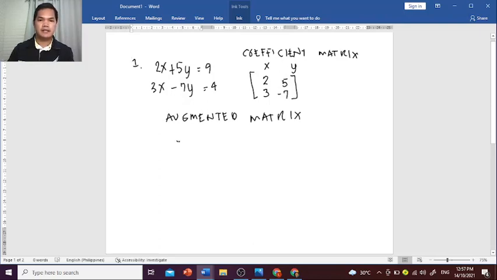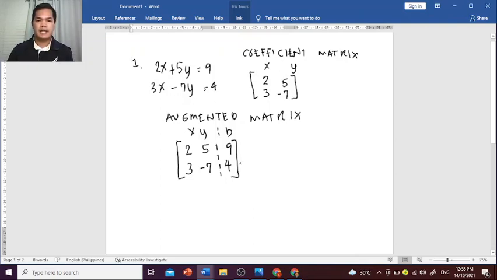So let's just copy the values of x and y, and then we have to mirror the value of b. Then we have 2, 5, and 9. Also, we have 3, negative 7, and 4. And that would be our augmented matrix for our first example.